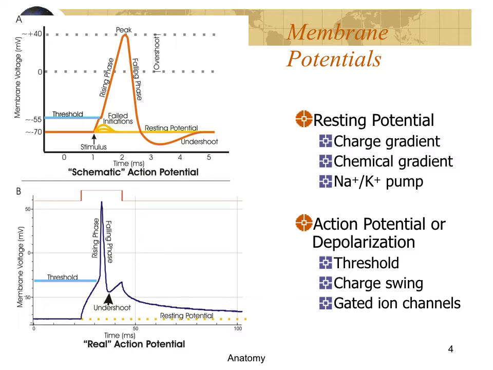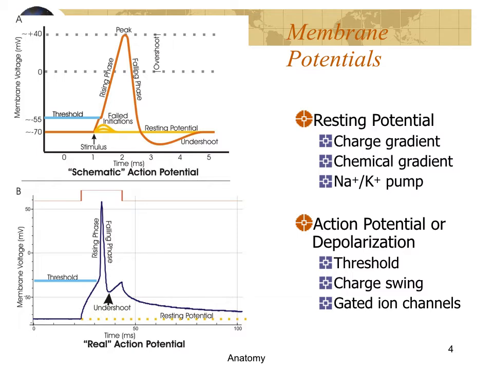Neurons have the potential to undergo an action potential or depolarization. When a change in charge hits a threshold, that leads to an opening of ion channels. That leads to a rapid depolarization of the cell, where the cell actually becomes positive on the inside.